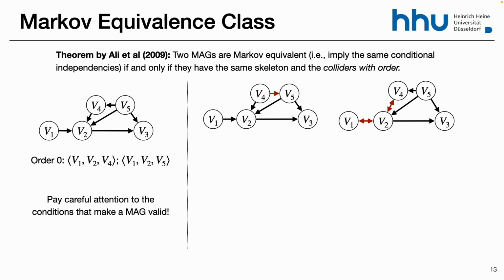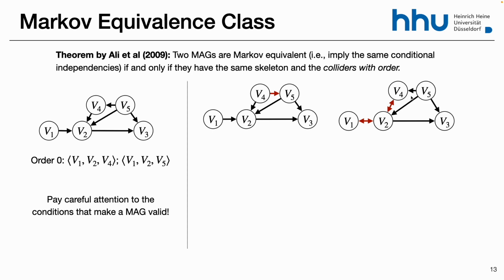I also can change V1 and V2 here because it's not creating colliders, so the collider is still there. I can add V1 as a bidirected edge, so I'm not forming any collider. Also, this is not violating anything: I'm not creating a cycle or an almost cycle. This is a directed edge, but it's not forming an almost cycle, right?